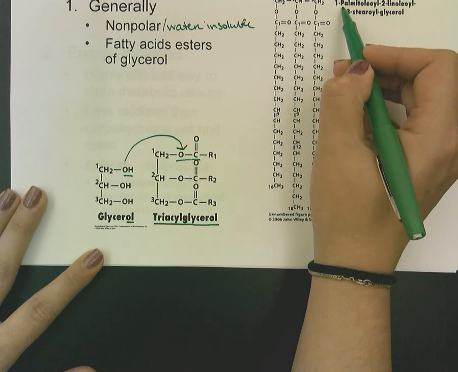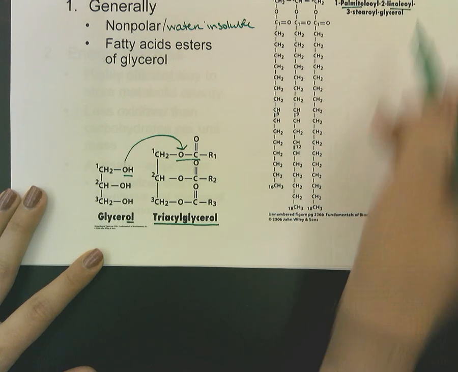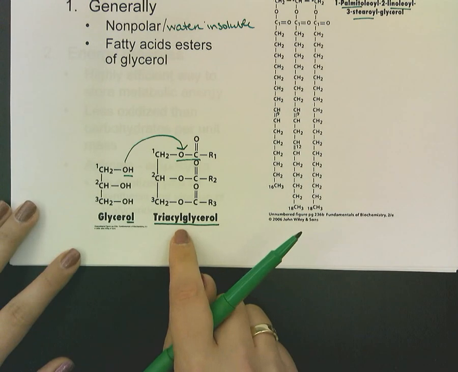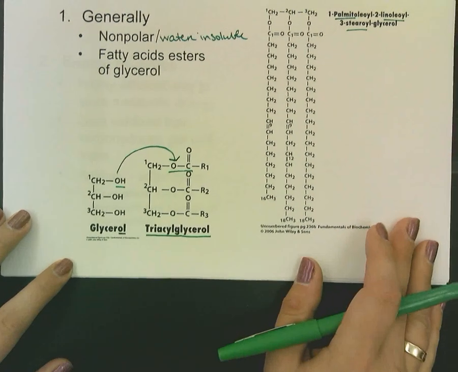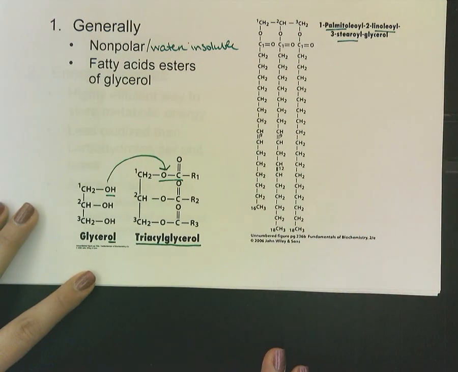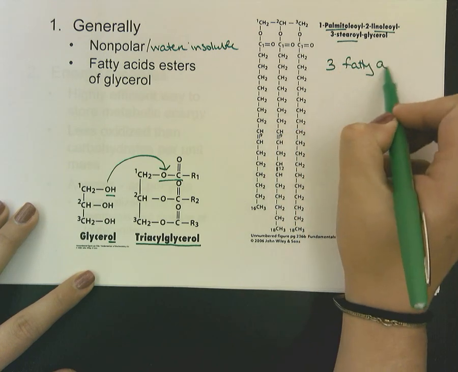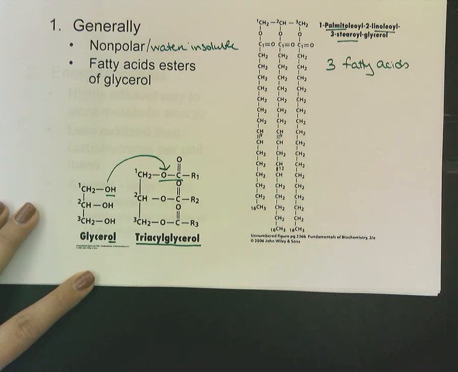We just looked at palmitoyl, we looked at linoleic acid, and we looked at stearic acid. So those are 3 fatty acids that have now been hung off the end of my triacylglycerol. They can be the same, they can be 3 different. Either way it works. 3 fatty acids.